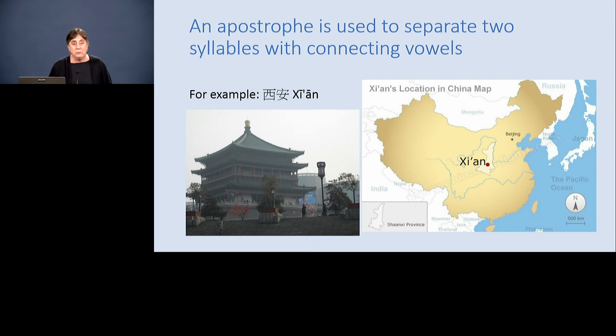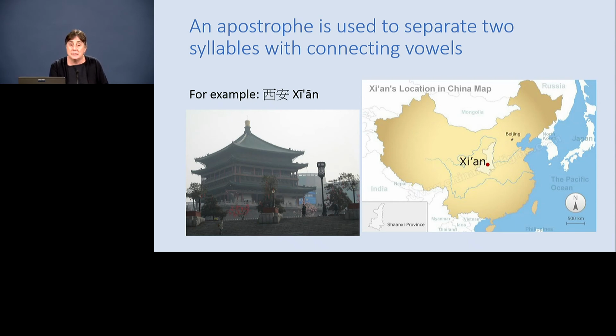Okay. Final rule is that when we have two syllables that together form a single meaning, and the first syllable ends in a vowel and the second syllable begins in a vowel, you will use an apostrophe to separate them, to signify that these are two separate initials.